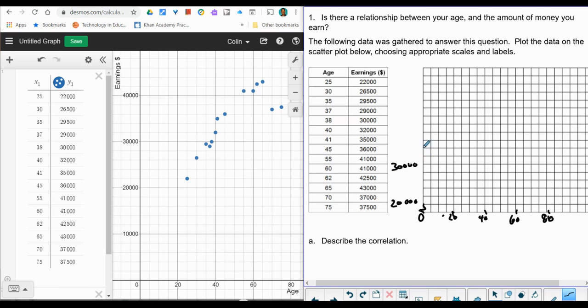Then 1, 2, 3, 4, 5, 40,000. 1, 2, 3, 4, 5, 50,000. Okay, so at 20, 30, 1, 2, 3. Oops, I'm a little bit ahead. There.